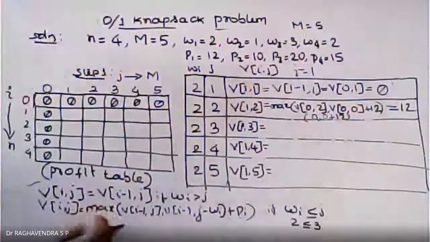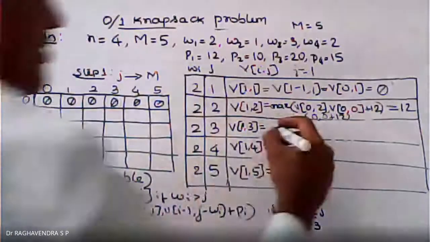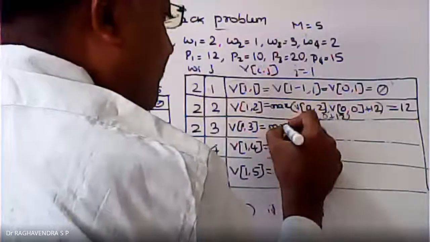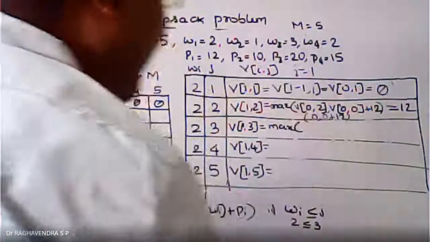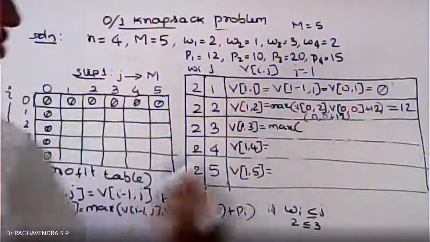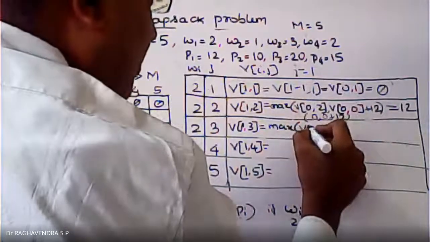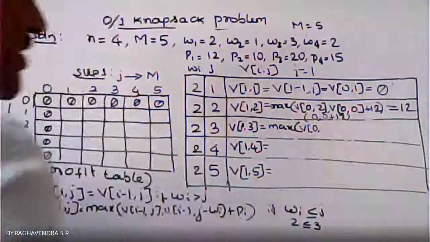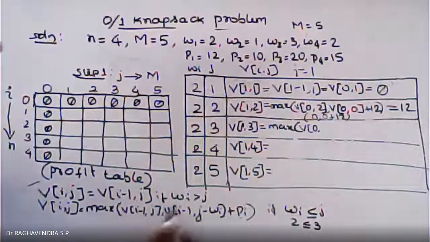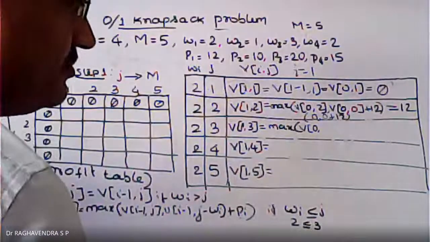So when it is case 3, we have to substitute the same formula. Max of V of I minus 1, since I is 1, 1 minus 1 is 0, comma J. What is J here? 3.